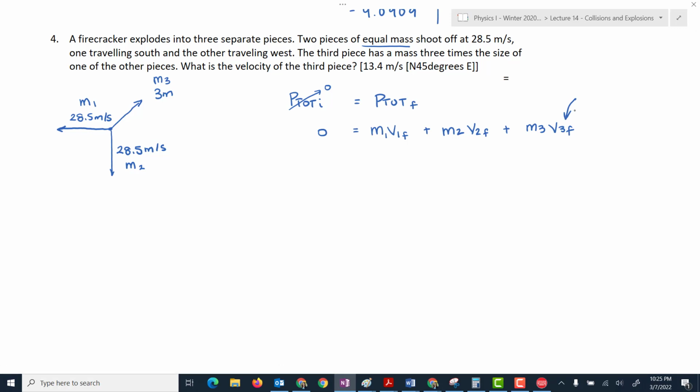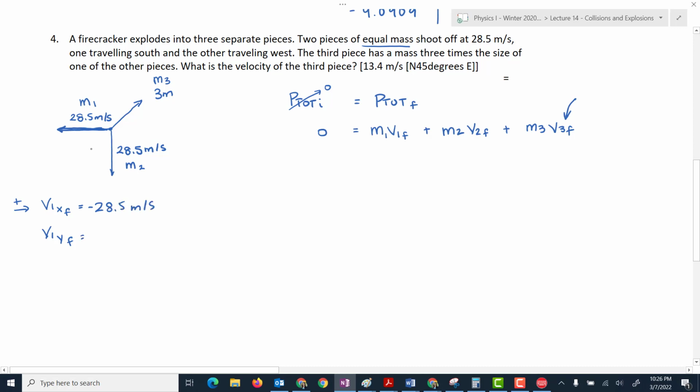components. So if I was going to say my V1 in the X and my V1 in my Y initially, oh no, this is final after the collision, so it's an F for final. If we're talking about this first vector over here, if we say positive is to the right, well, this one is traveling to the left, so the X component would be negative 28.5 meters per second.